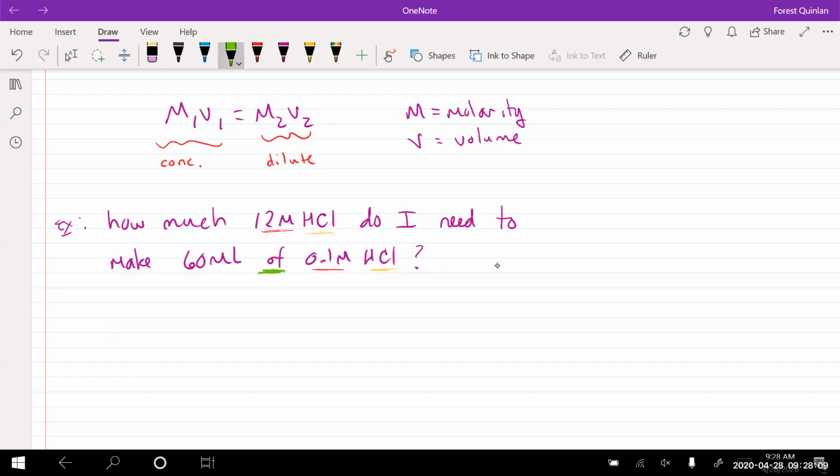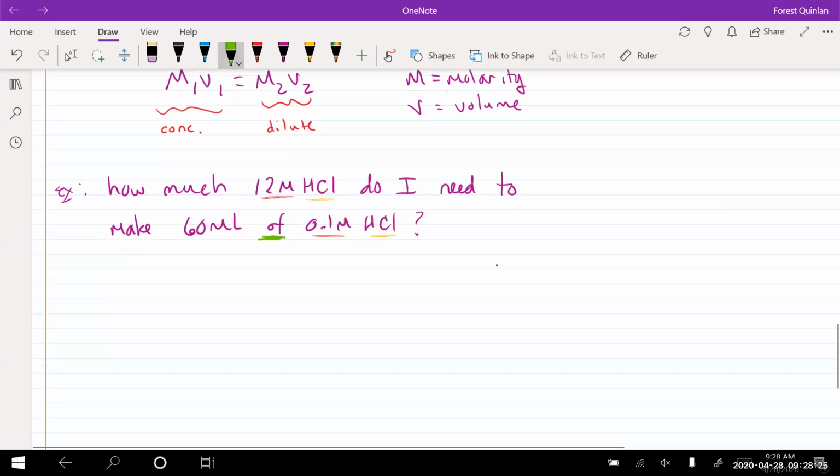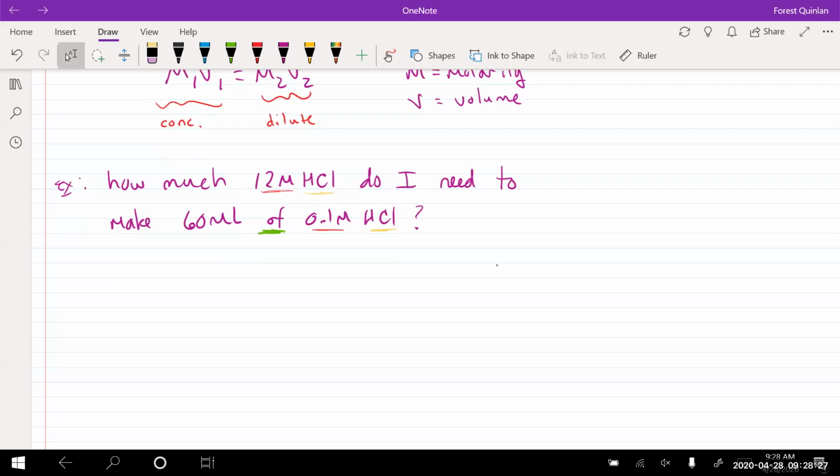Oh, and look at our other hint here. What does "of" mean? Times. So it's already telling us, take that 60 and that 0.1, those two things are together. I don't care which side you put it on, the math will work. I'm going to go ahead and put it on the dilute side just because we've sort of denoted that.